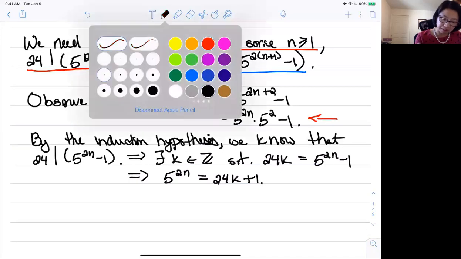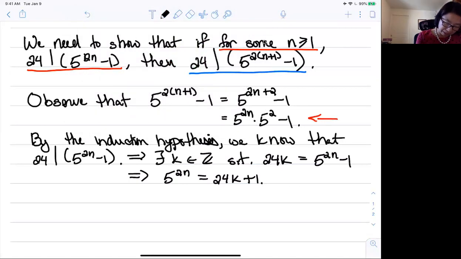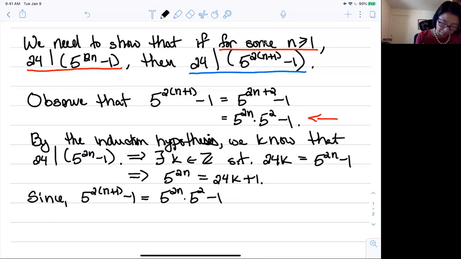Okay, so we know that since 5 to the 2n plus 1 minus 1 equals 5 to the 2n times 5 squared minus 1, now we're going to substitute in for the 5 to the 2n the 24k plus 1, and then we have 5 squared minus 1.